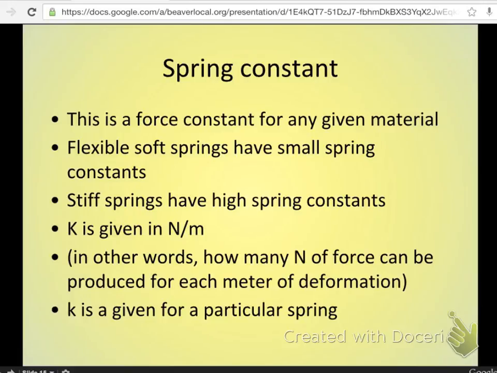If we have a soft spring, such as a slinky, slinkies are awesome. You'll get to play with some of them this period. They have very small spring constants. They do not have big spring constants. If I hand this end of the slinky to you, and you let go of it and snap it back at me, it doesn't really hurt all that much.